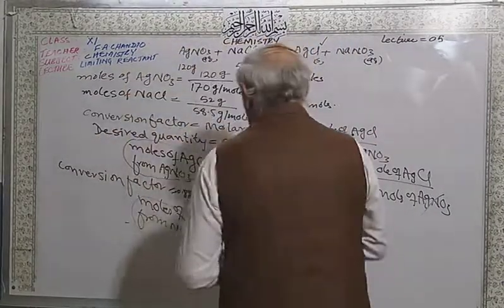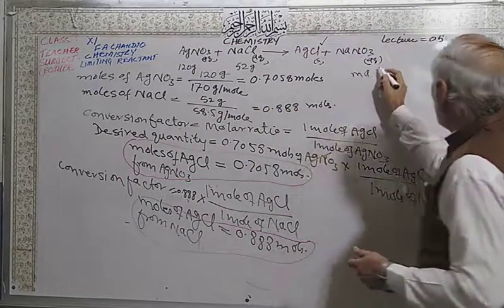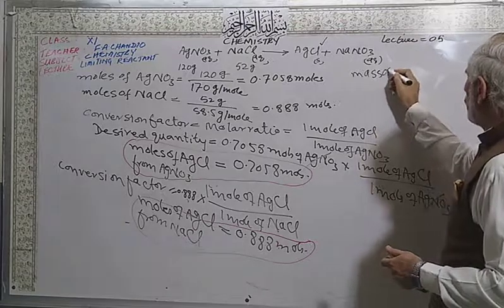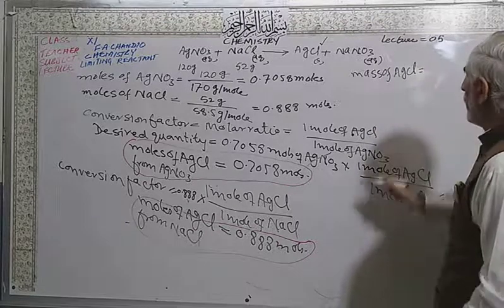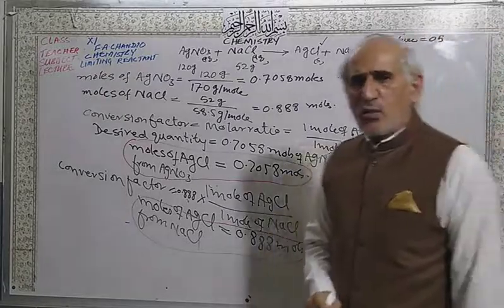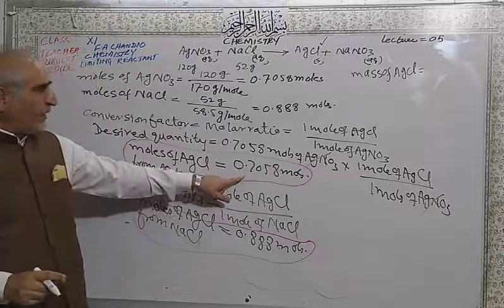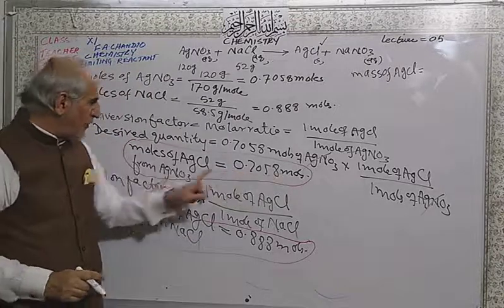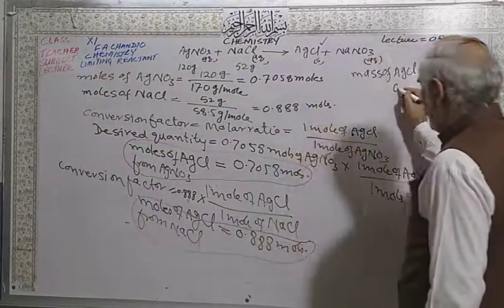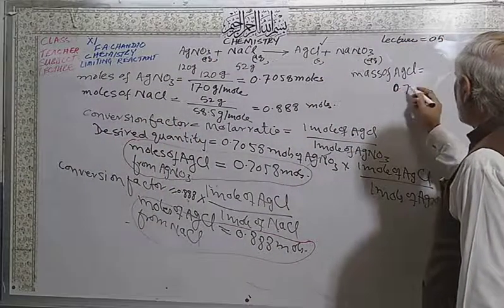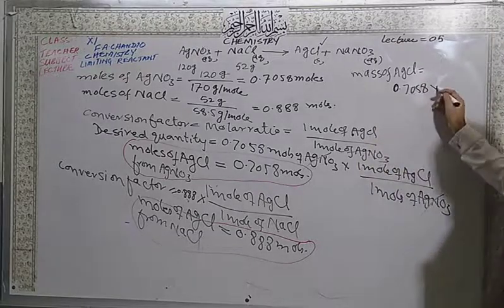And you have to calculate the mass of silver chloride. The formula of mass is moles multiplied by molar mass. The moles are from the limiting reactant, 0.7058 moles.